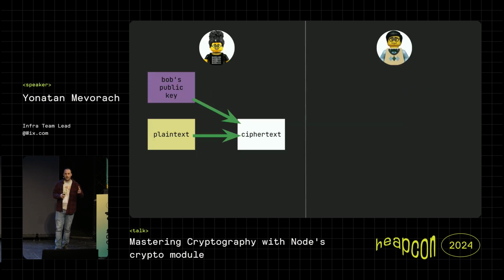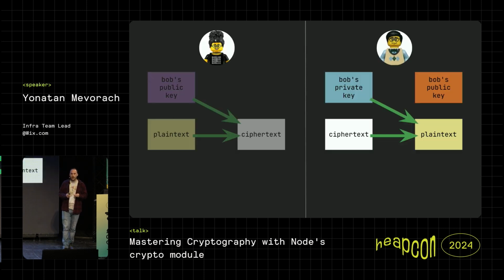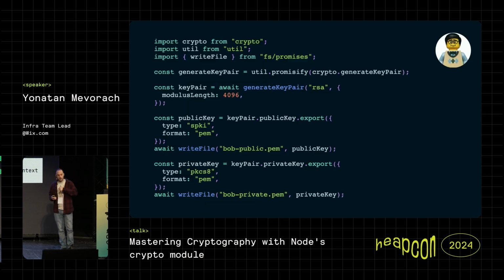And then if Alice wants to send Bob a message, no need to first exchange keys. She can just find Bob's public key and encrypt the plaintext with the public key, send Bob the ciphertext, and then using his private key, Bob can decrypt. So only someone with access to Bob's private key can decrypt a message that was encrypted by anyone using the public key. Let's see how this is done in Node.js.